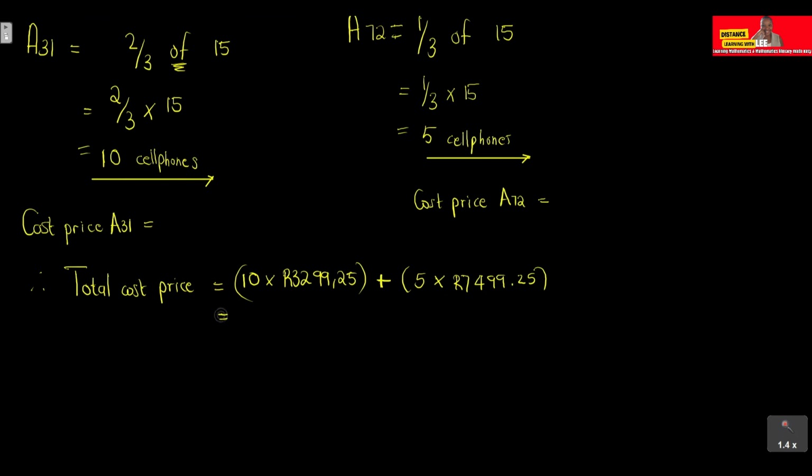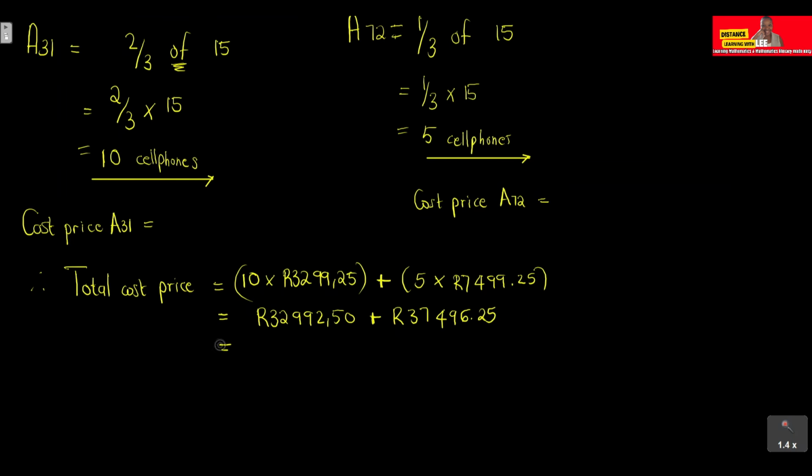If you punch this into your calculator, you'll see that the total cost price for the A31s is equal to 32,992.50, plus the cost price for the A72s, which is 5 times 7,499.25, which is 37,496.25.